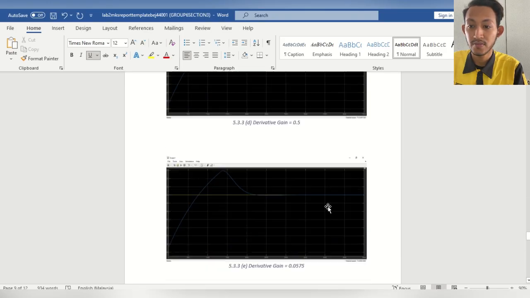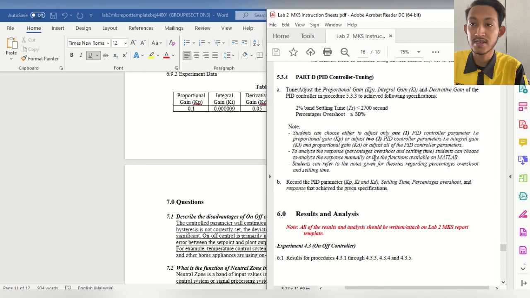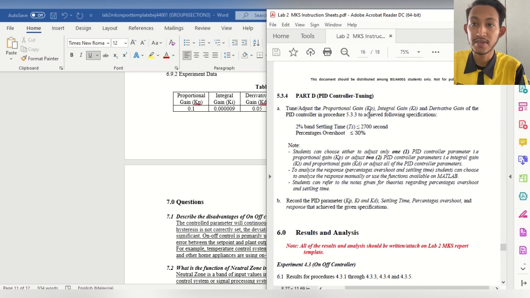So we can see here that we achieve the following specification: the settling time is under 2700 and the percentage overshoot is under 30%.